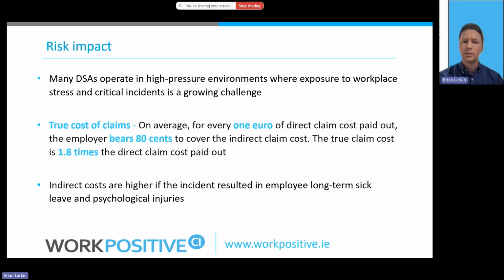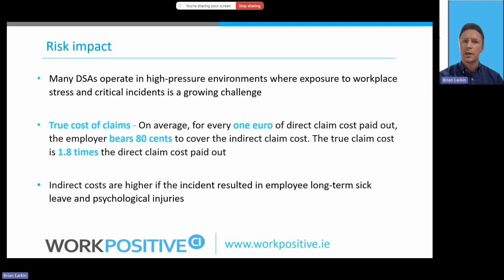We know that incident reporting has increased, primarily down to probably a greater awareness to report the incident to their employers. But we do know that the risk is also more prevalent and ever present within the work environment. These incidents can lead to personal injury claims, and there's a cost element associated with any claim in terms of damages and legal costs.